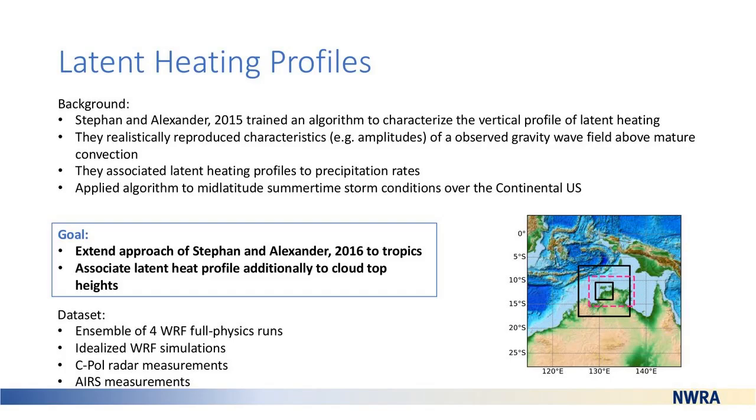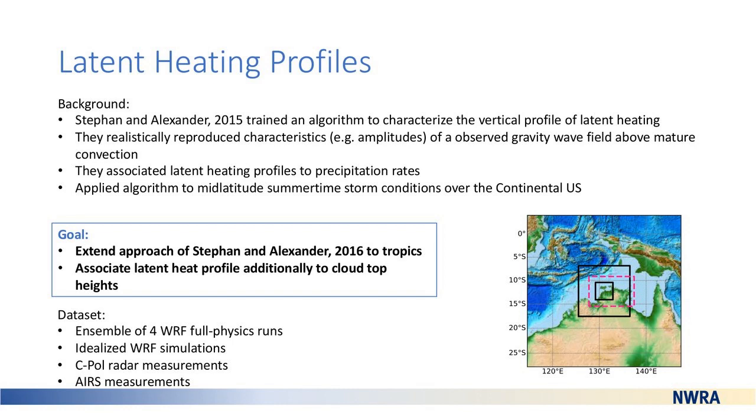And what we plan to do, also based on the Strateole-2 data set, is a study which I have recently started based on an approach by Stefan and Alexander in 2015, in which they trained an algorithm to characterize the vertical profile of the latent heating based on rain rates.